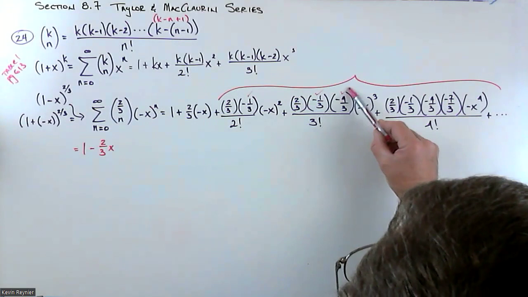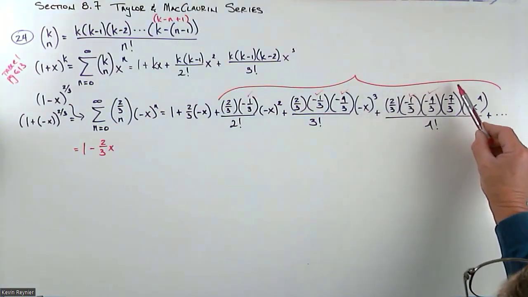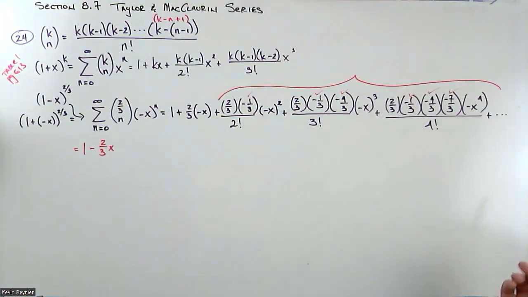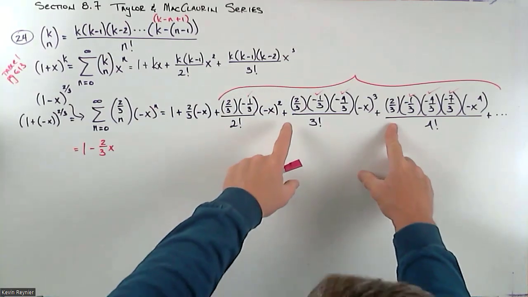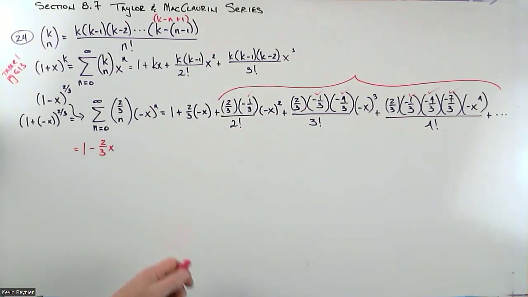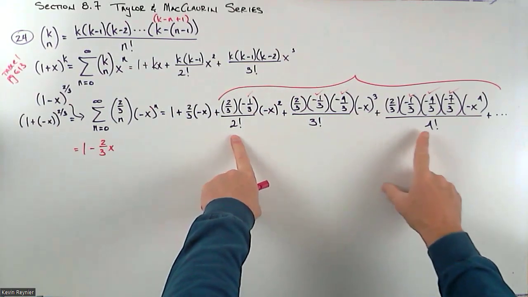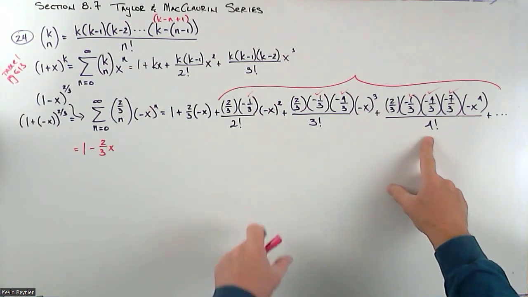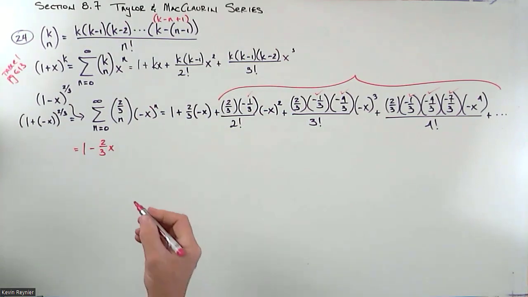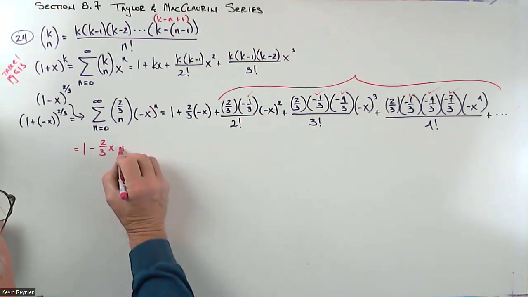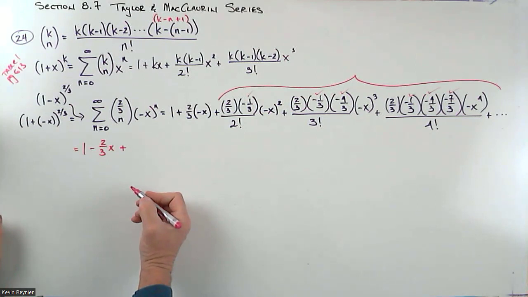They all move up by 3. So there might be an opportunity for me to express that in a general manner. But if I leave this 2 in front of it all, that's really going to confuse me, because here I got 2 factorial, 3 factorial, 4 factorial. So I'm going to pull the 2/3 out.